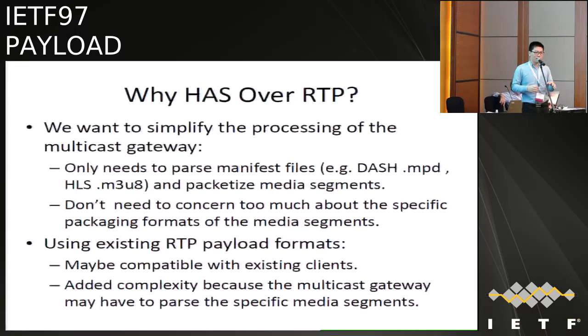It only parses those manifest files, takes out the media segments, and cuts and fits those media segments into RTP packets. That's very simple processing. Just retrieve, cut and forward. We want it to be that simple.